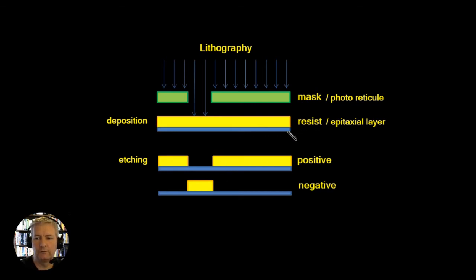Now we don't just have to do this with a resist, we can add in different types of layers here. So for example, if we wanted to have an extra layer of pure silicon, so this is a layer that's the same as our substrate here, we could grow an epitaxial layer.